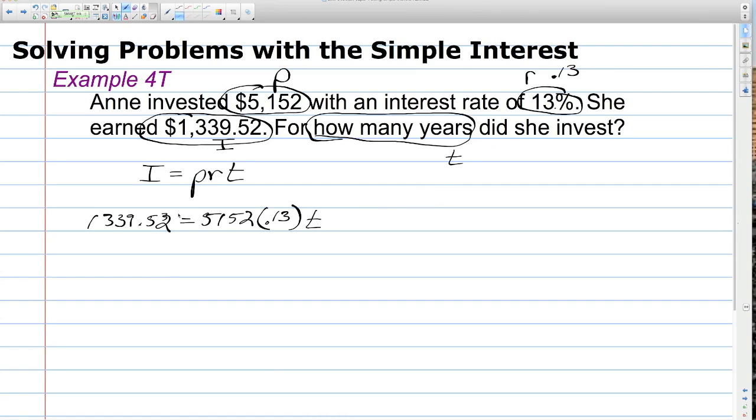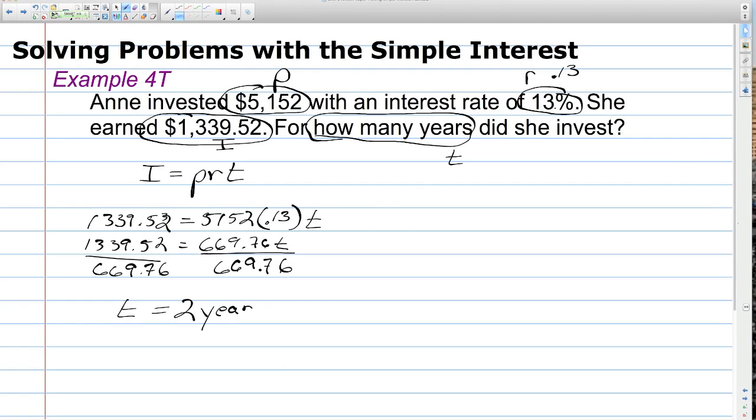So what I'm going to do now to solve this is multiply these two numbers together. 5,152 times 0.13 gives 669.76, and I bring the t down, bring the equal sign down, and bring the left side down. Then I divide by 669.76. And when we do this division, we find the time is equal to 2. So in this case, that's going to be 2 years.